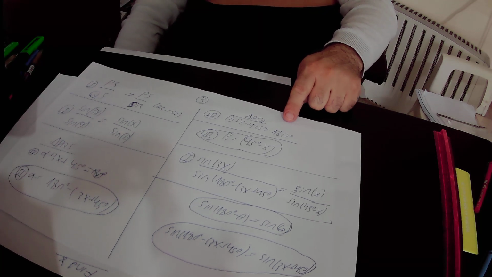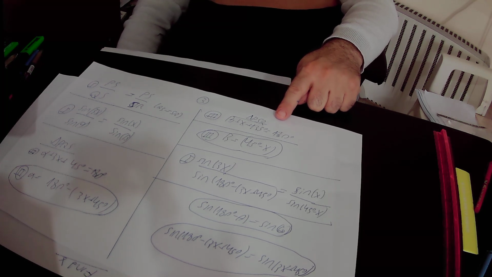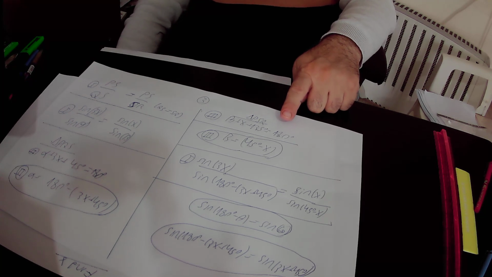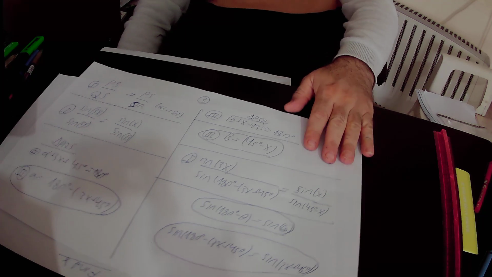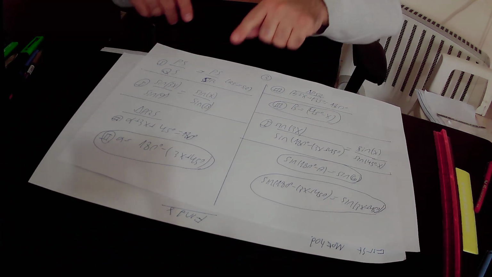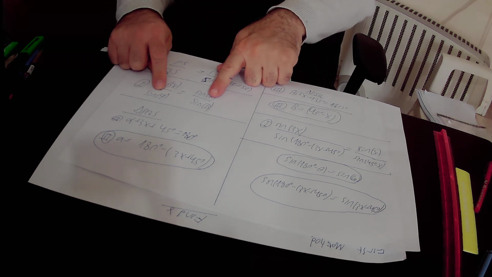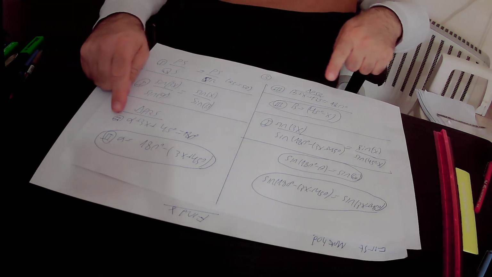Here we will subtract 135 degrees and also x from this equation, equation number 3, and we will get that angle beta equals 45 degrees minus x. So after we found the values of alpha and beta, we can substitute alpha and beta in equation number 1 by the values that we found in equation number 2 and equation number 3.